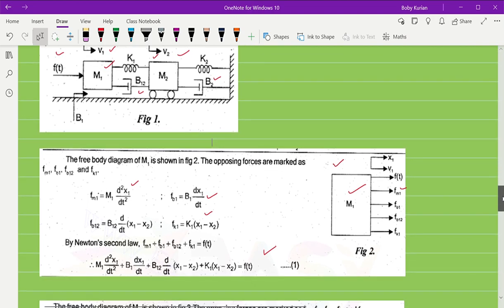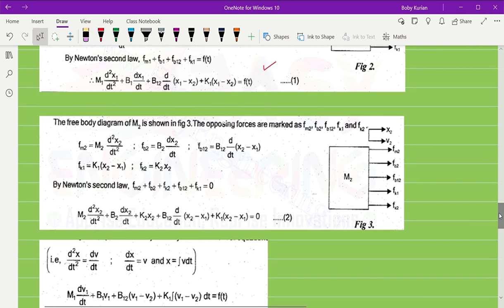We know how to do it, and we get a differential equation like this: m2 d square x2 by dt square, b2 dx2 by dt, k2 times x2, b12 d by dt of x2 minus x1, k1 into x2 minus x1 equal to 0.